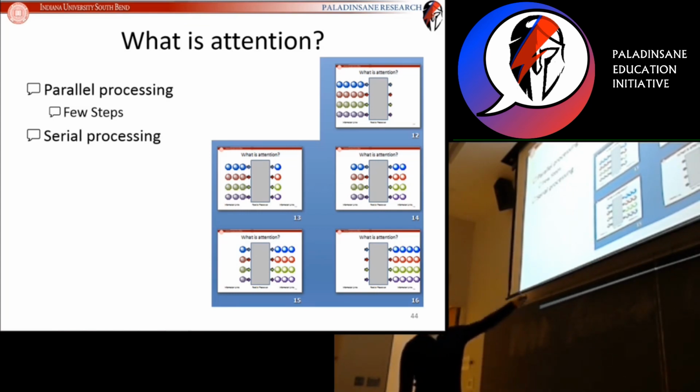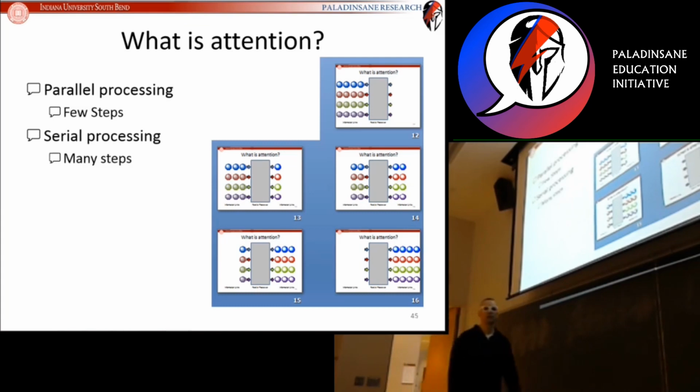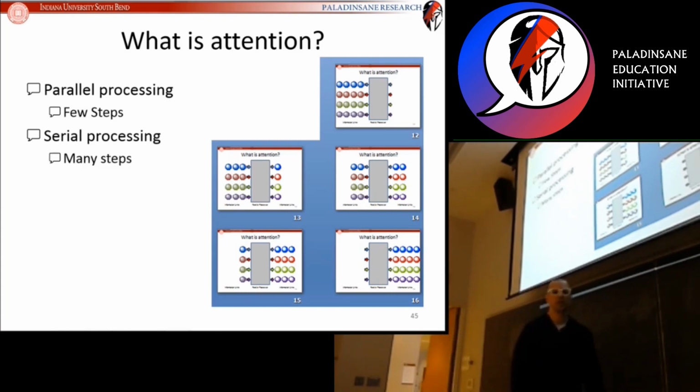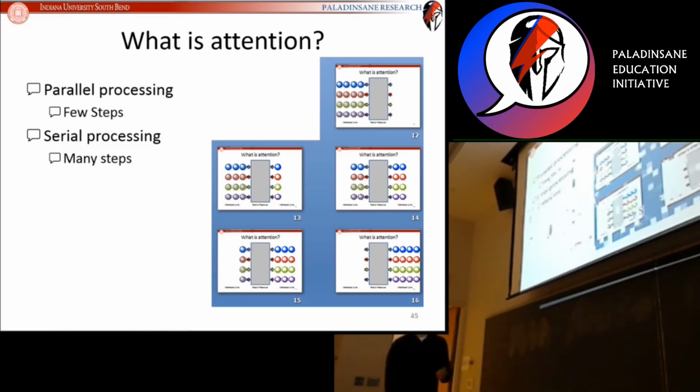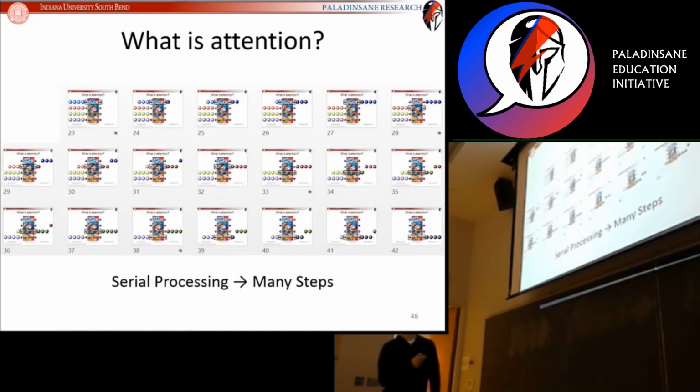On the other hand, serial processing, as we saw, took many steps. So these 16 units were processed in 4 steps with a parallel processor. Those same 16 units took 19 steps with the serial processor.